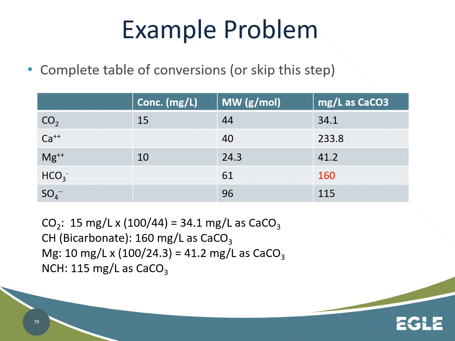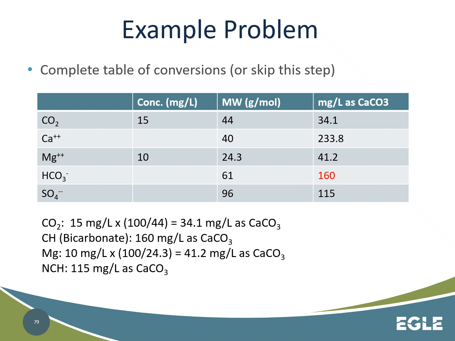We also recall from the previous slide that we need to convert magnesium to the correct units. Following the same approach, we take the raw water magnesium concentration of 10 milligrams per liter as magnesium and multiply it by the ratio of molecular weights to get 41.2 milligrams per liter as calcium carbonate of magnesium.